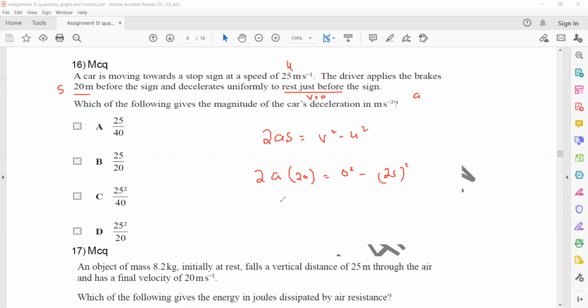So 2 multiplied by 20 is 40, and minus 25 squared, or a is equal to minus 25 squared divided by 40. They are only asking for the magnitude, so we don't have to include a sign. So 25 squared divided by 40 matches option C, which gives the deceleration of the car which stopped just before the sign.